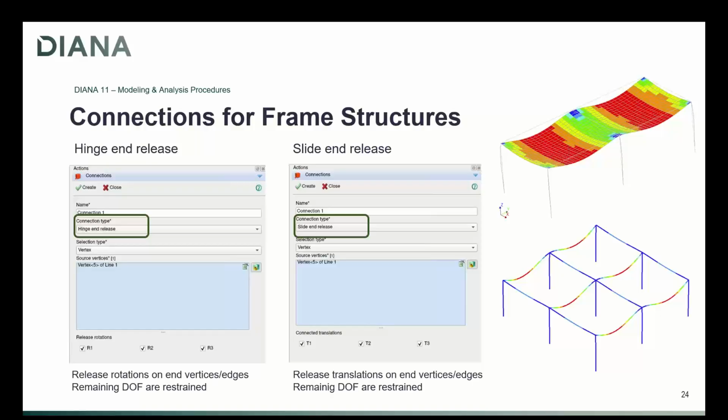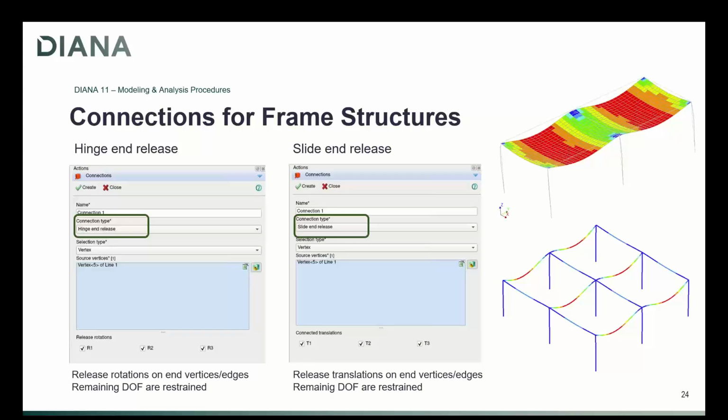And now we have another approach, which is not based on disconnecting the nodes and then tying them back again. What we do is internally duplicate the rotational dof for a hinged connection.